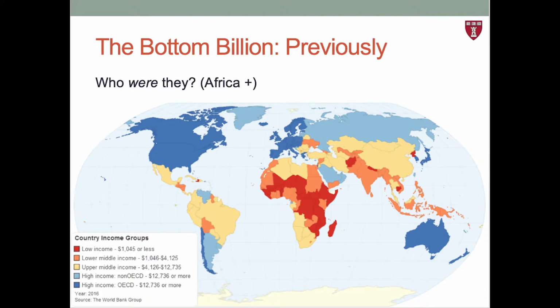In the early 2000s, over 90% of the bottom billion were in low-income countries, most in the continent of Africa, which is why at that time they were often referred to as Africa Plus. Now, extreme poverty, just as an FYI, was defined by the World Bank as living on less than $1 per day in 1990, then less than $1.25 in 2005, and today it's $1.90 a day.